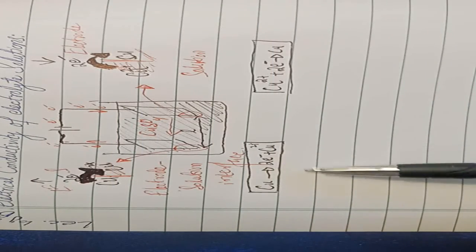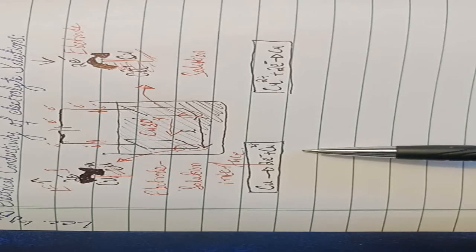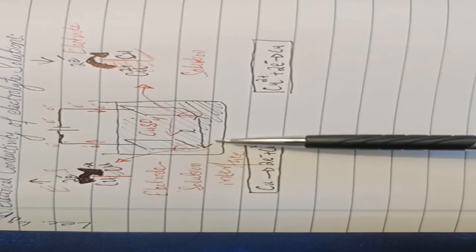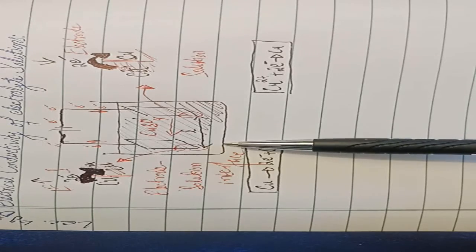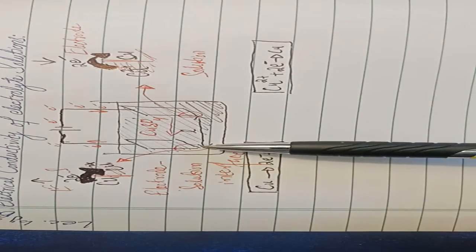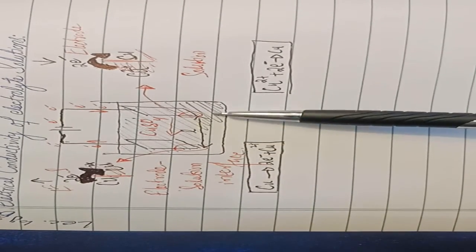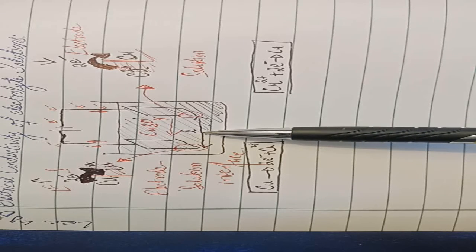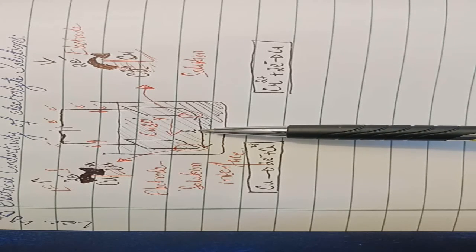These are generated by the electrochemical reactions occurring at the two different electrodes, resulting in buildup of the two products at different electrodes and a change in the concentration of the electrolyte solution.